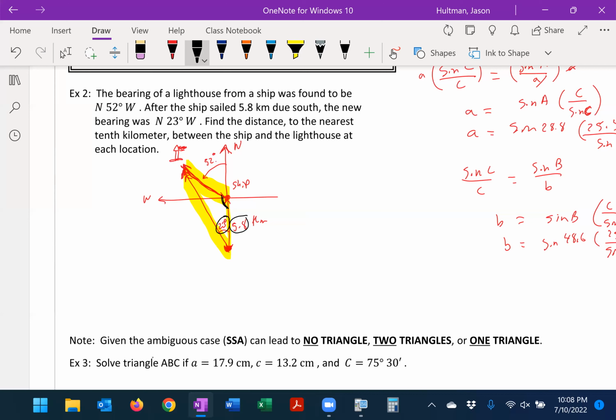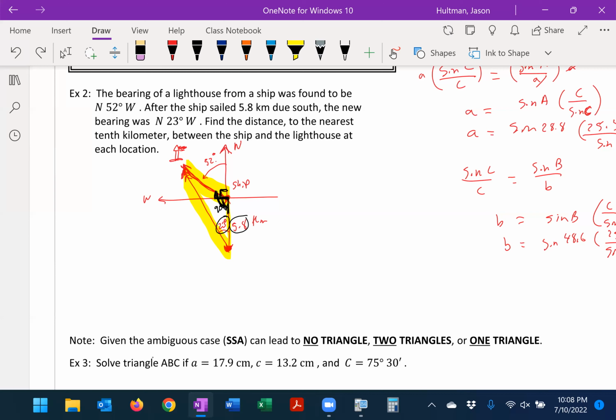Well, I do know that we have a right angle right here, and that's 90 degrees. I do know that I have this other piece of angle there, and that 52 degrees plus that angle will make the other right angle here. So if I take 52 degrees and subtract it from 180, because this whole angle here is on a line, and this is the 52 degrees, the other piece of that.